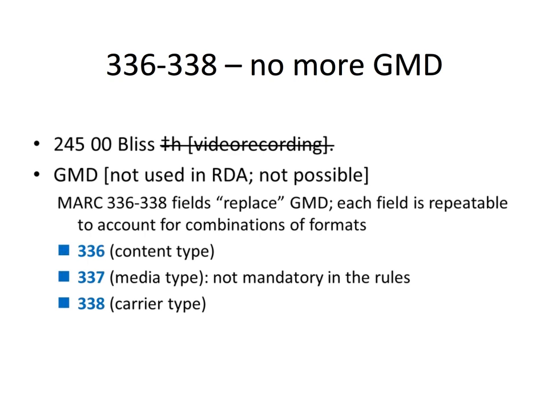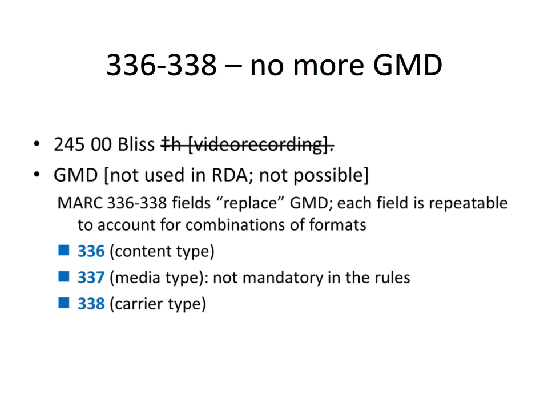Now I'll explain a more important difference. GMD stands for General Material Designation. It indicates format. Even if you don't recognize the abbreviation, you've probably seen GMDs. They are words describing formats in brackets in the middle of title fields. Examples are video recording, sound recording, and electronic resource.